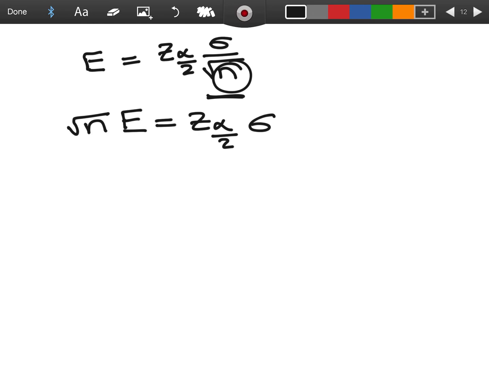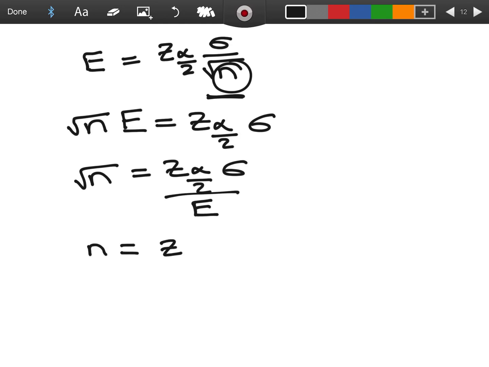Now I'll divide both sides through by the error, which will give me this. And then if I square both sides, I've solved for n.